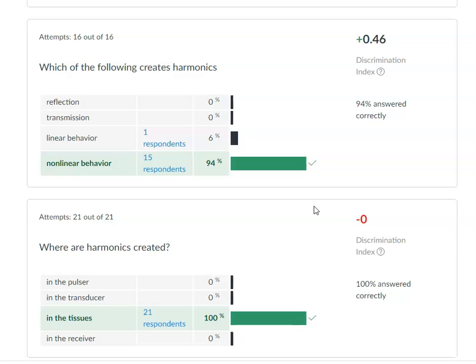Which of the following creates harmonics? Nonlinear behavior. We were more specific in an earlier question regarding contrast and propagation harmonics, but the truth is that any nonlinear behavior can create harmonics. Where are harmonics created? They are created in the tissues.